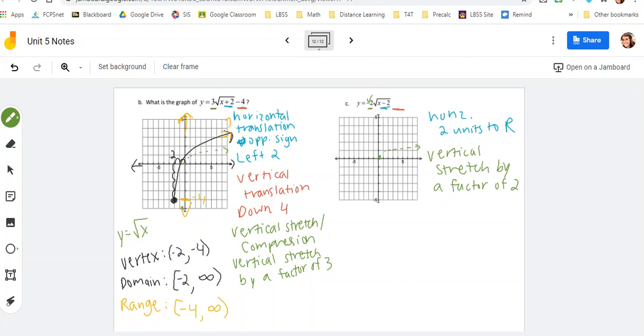And then that negative in front is really important. So the negative in front means it has been reflected. And as we've seen before, it's been reflected on the x-axis.